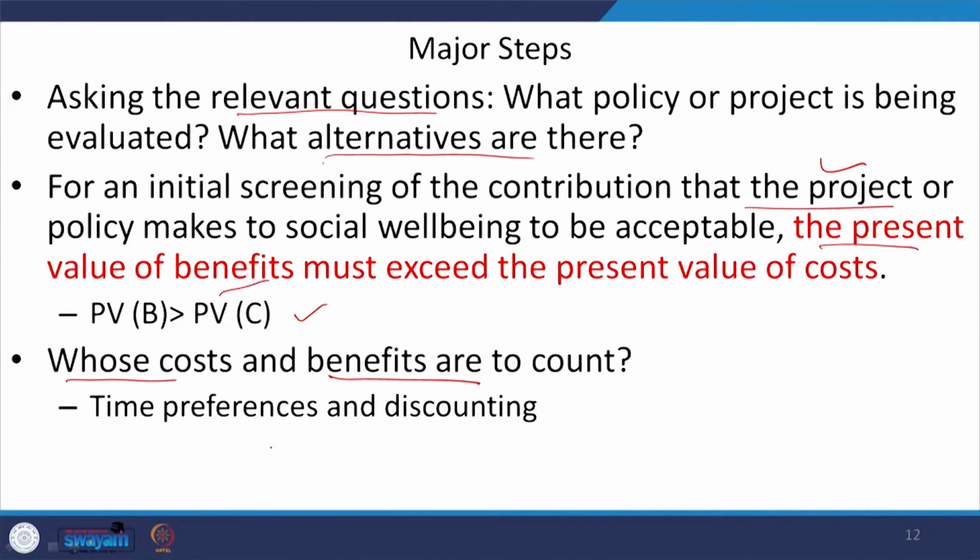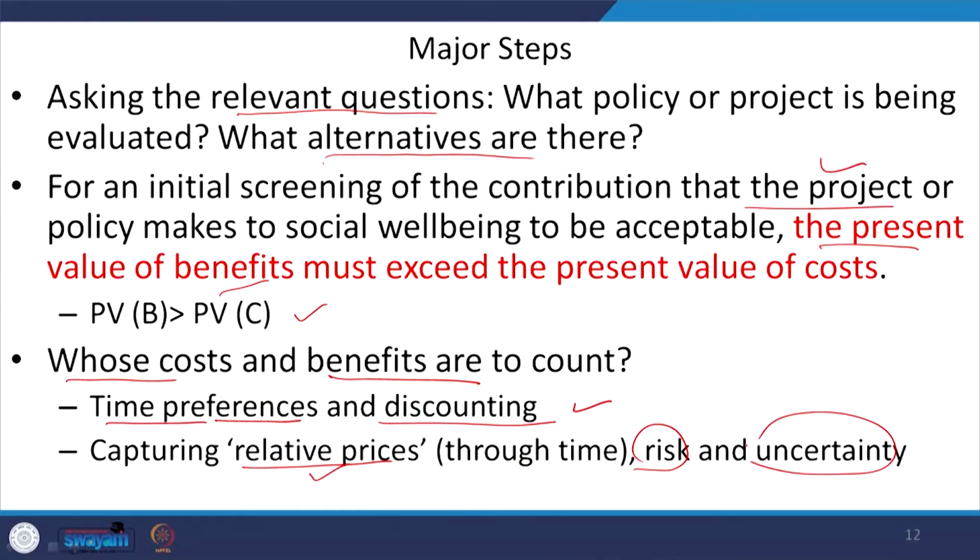So, in this question of whose costs and whose benefits, we are taking into account not only the costs and benefits experienced by the present generations, but also the future generations, or whosoever will be coming depending upon the impact of that particular project across time. That is how we use this discounting factor in order to solve this problem.